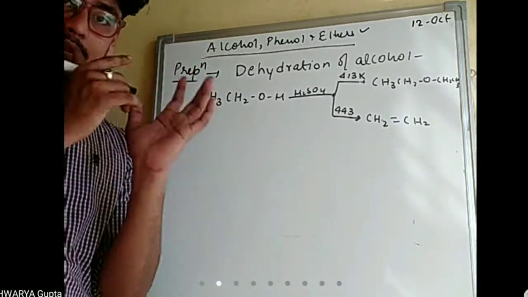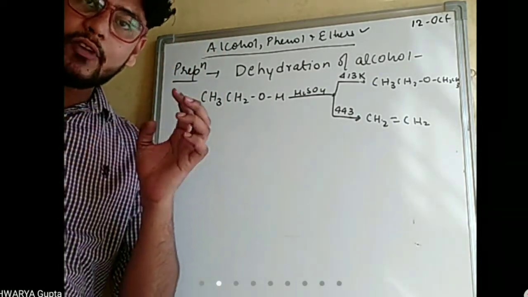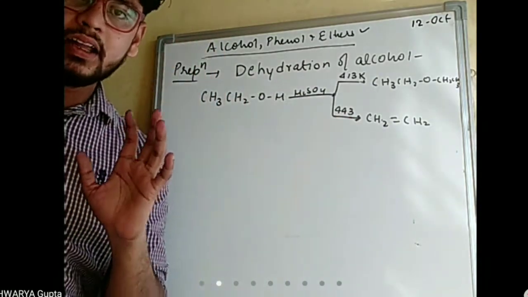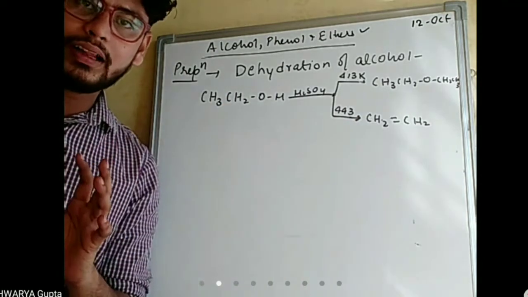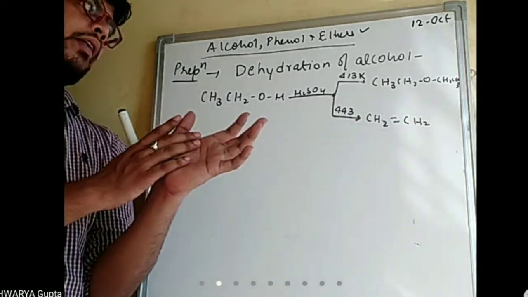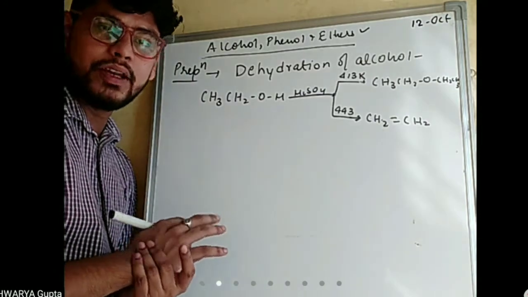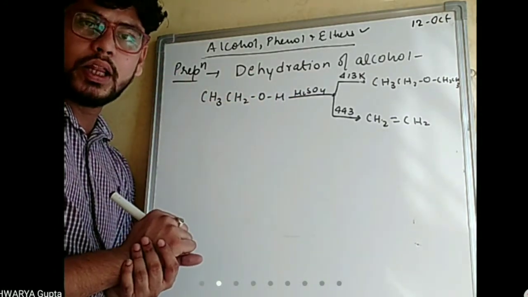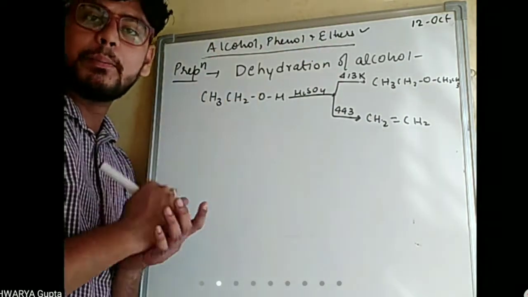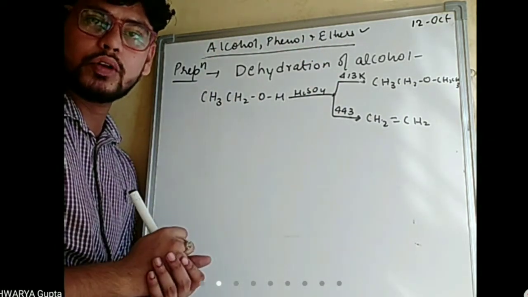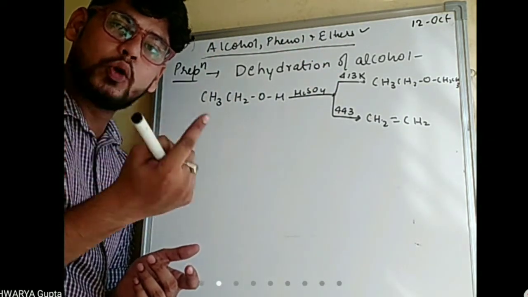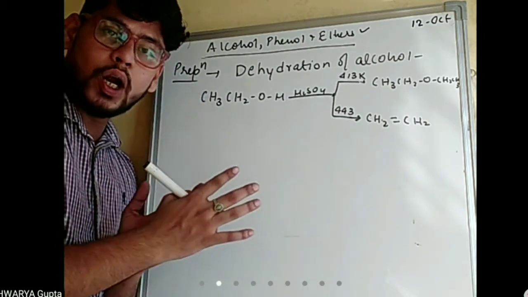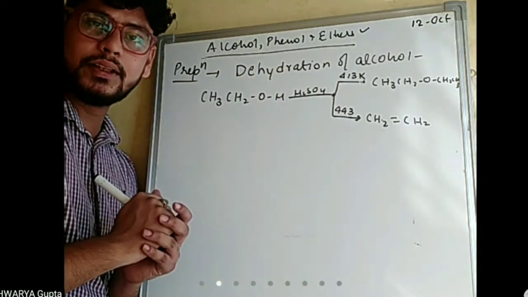Since there is only a difference of temperature, it is more important and relevant towards your board examination. There may be a fill in the blanks type of reaction where H2SO4, sulfuric acid, will be written over there, and any one of the temperatures can be given, 413 or 443.